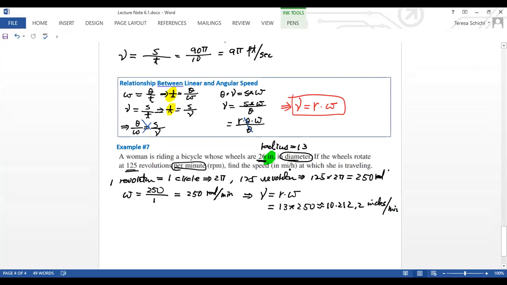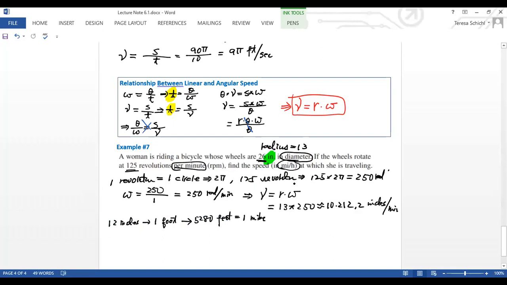Okay, so now they want to ask, this is kind of a unit conversion: how many miles per hour? Oh, gee whiz. Okay, so we know 12 inches is 1 foot, and 5,280 feet is equal to 1 mile.